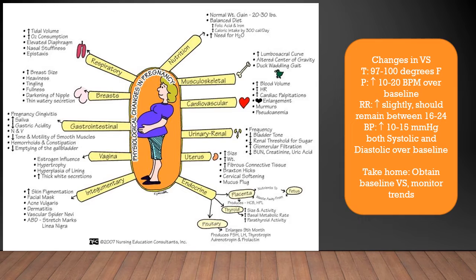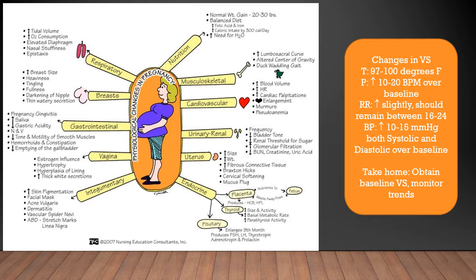The heart rate increases, so a normal resting heart rate is about 10 to 20 beats per minute over normal. A resting respiratory rate is also slightly increased at about 16 to 24, and the temperature remains roughly the same at 97 to 100, so maybe a slight elevation. It's super important to obtain baseline vital signs and monitor trends.